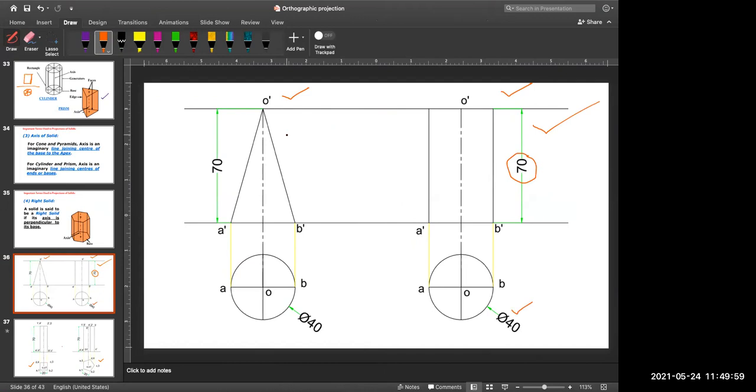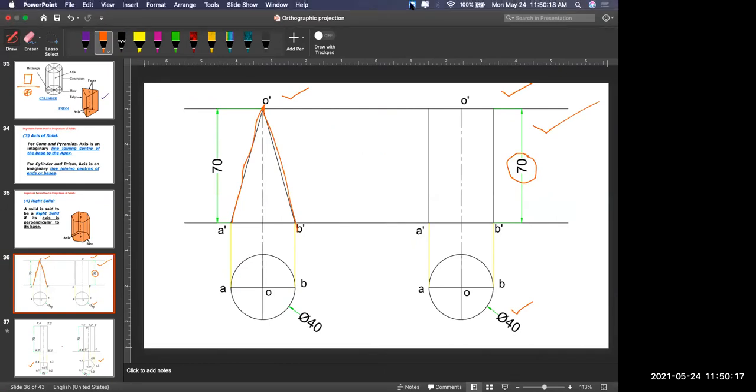Similarly, the same will be there for your cone also. The only difference will be the vertex point, so these corner points will get connected to this vertex point.